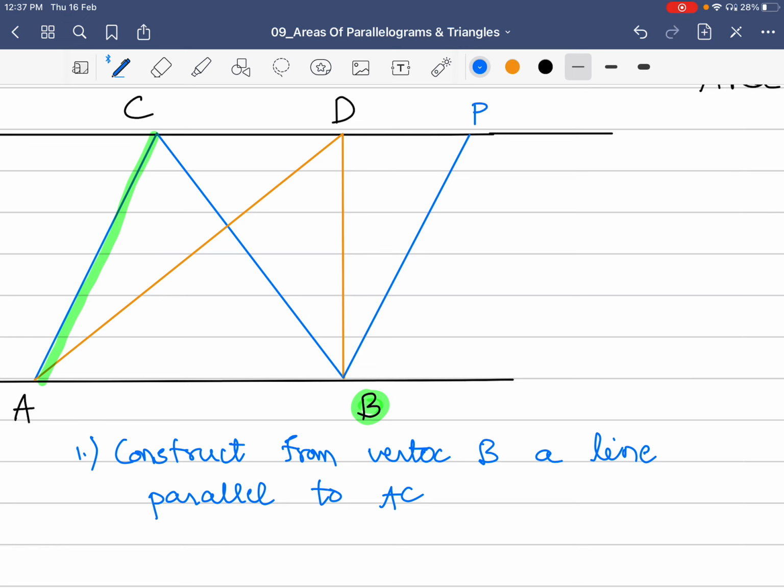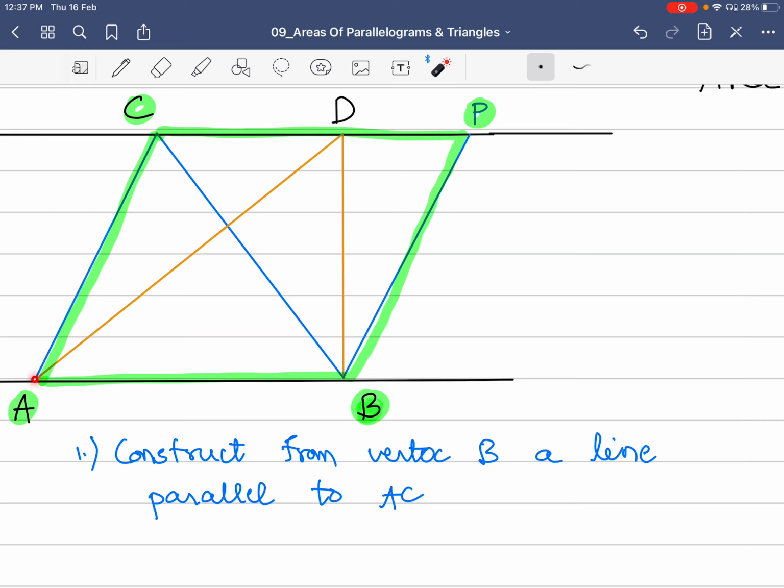Now focus on this quadrilateral A, C, P, and B. I'm going to highlight it using the green. This is the quadrilateral that we have to focus on. In this quadrilateral, we have AC parallel to BP because that's how we constructed, and we have CP parallel to AB because these were the two original parallel lines.